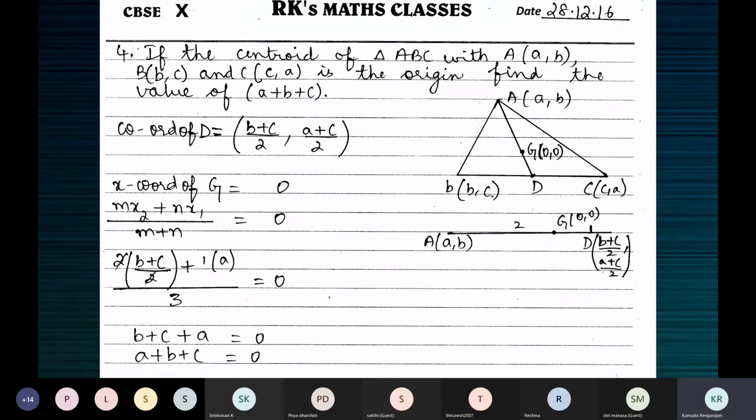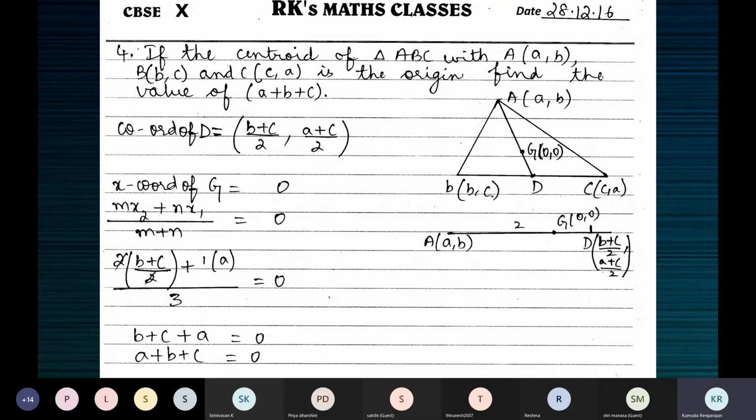So the centroid of triangle ABC is the origin. Find the value of A plus B plus C. So sometimes, I'll tell you what I have done.